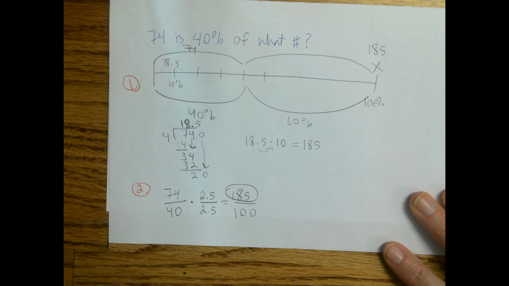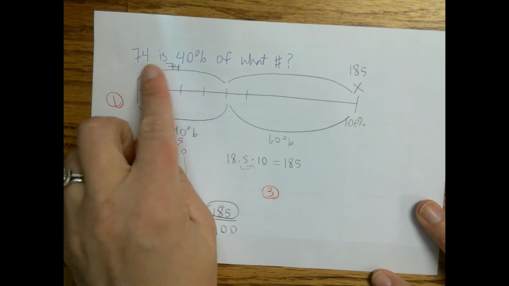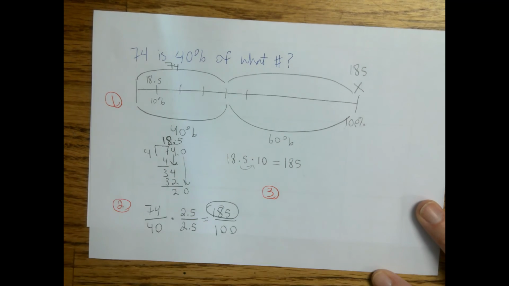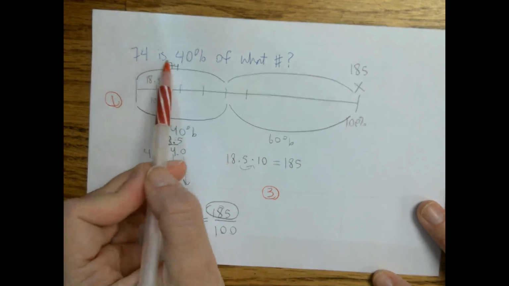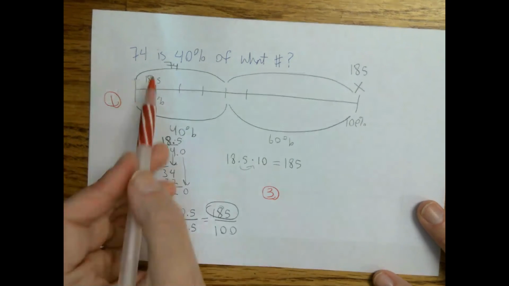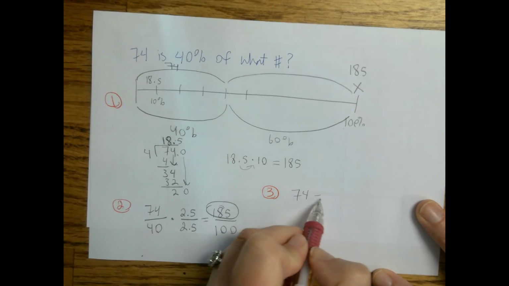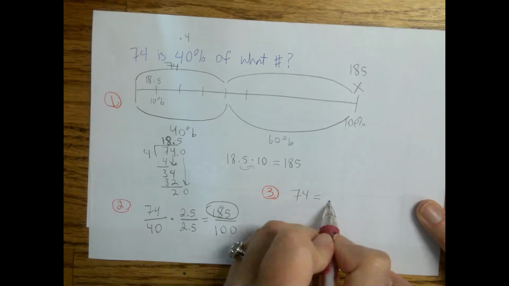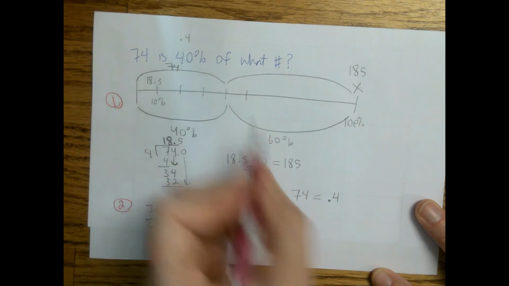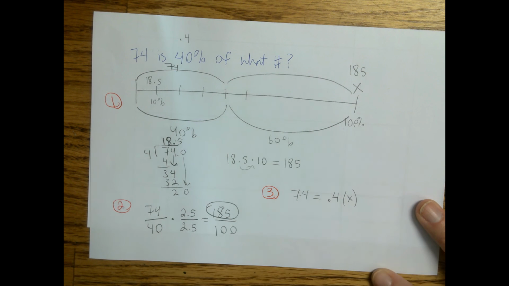And then the last way, a third way to do this problem, would be to set this up as a word problem. I just turn all of these words into letters or math symbols or variables. So I would do 74, "is" always means an equal sign. 40% turned into a decimal is 0.4, so I would put 0.4. "Of" is multiply what number? If I don't know the number, I put an X. Then I can solve this equation.